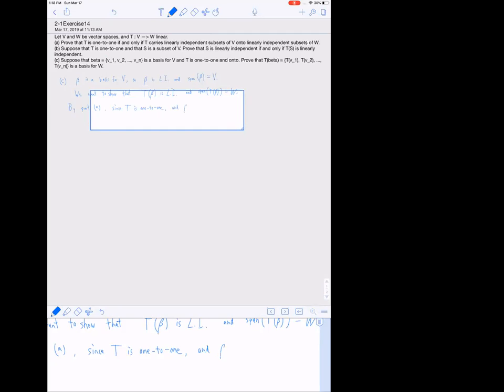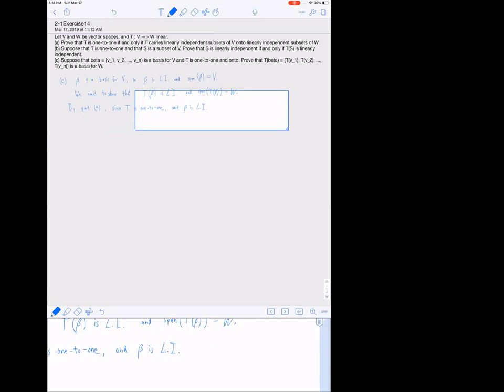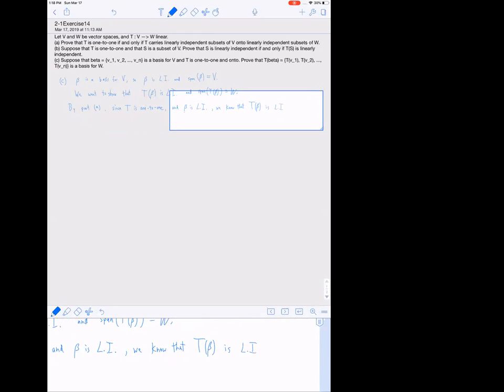And since beta is a linearly independent subset of V, we know that T of beta is a linearly independent subset of W. Great. That is half of what we wanted to show.